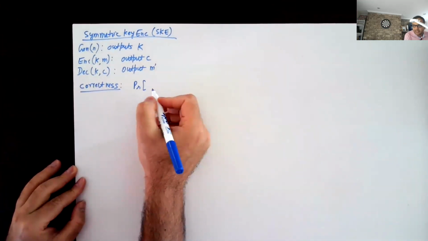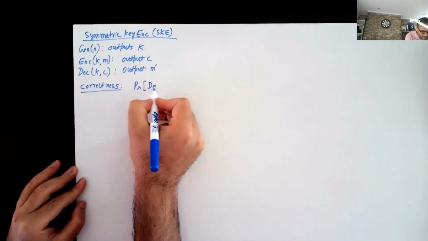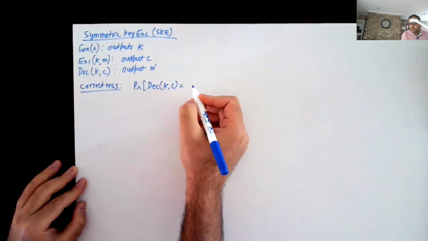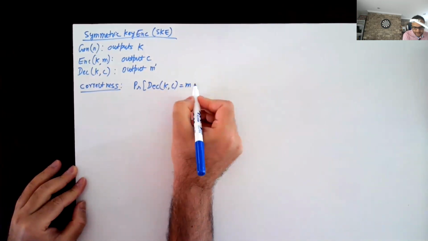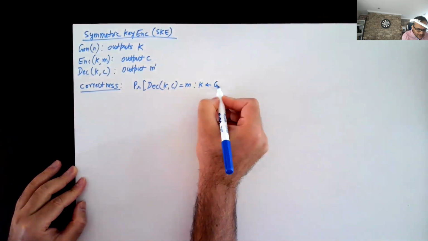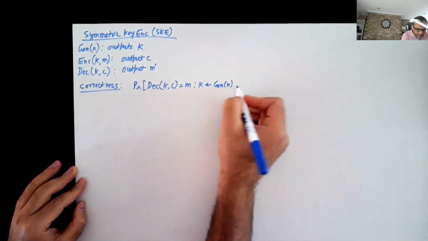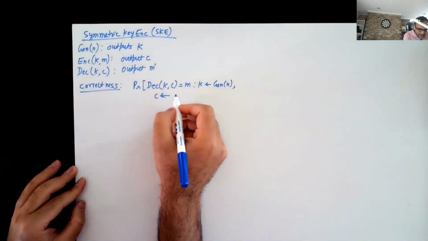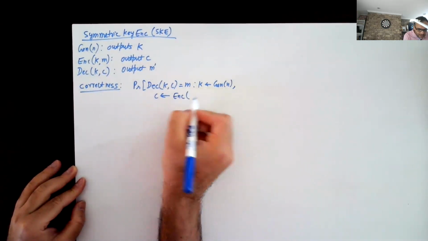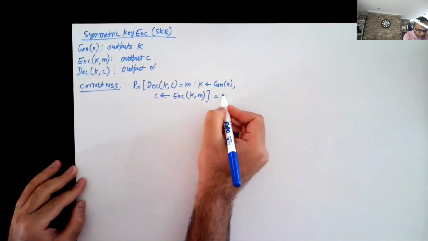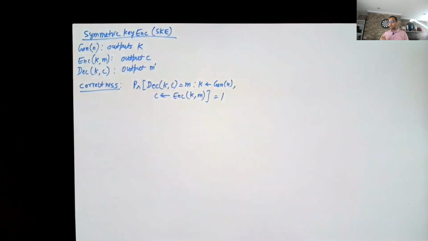The probability that the decryption algorithm on K and C gives you the message M, such that K is generated properly and C is the encryption of the message M under K, this probability should be 1. So correctness must always hold.